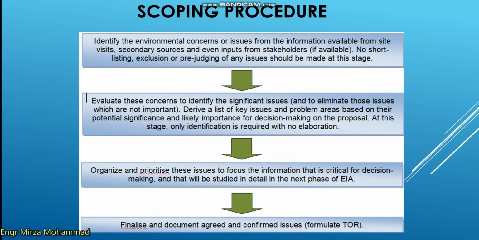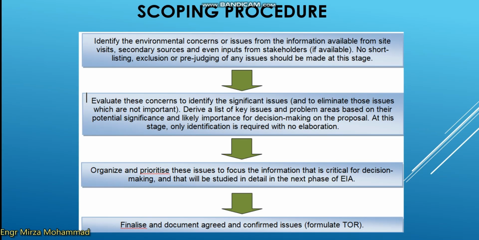This is executed by the project proponent based on secondary sources, or through collection of data from primary sources if available. In the beginning of the scoping process, the information is gathered from various types of sources which are available. It can be a secondary source, or it can also be a primary source.